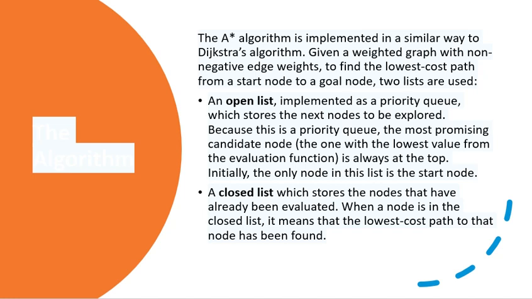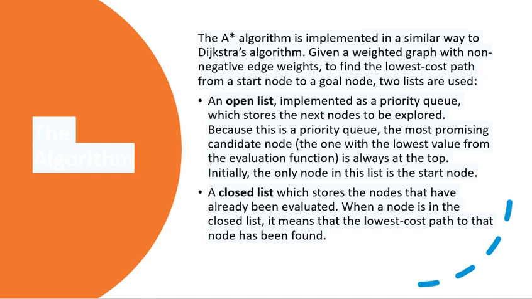Now, how this algorithm is implemented is something like this. The algorithm is implemented in a similar way to Dijkstra's algorithm, given a weighted graph with non-negative edge weights, so emphasis is on this. To find the lowest cost path from the start node to the goal node, we have to create two lists. One is called the open list and the other one is called the closed list. An open list, which is obviously implemented as a priority queue, stores the next nodes to be explored, as we will see shortly.